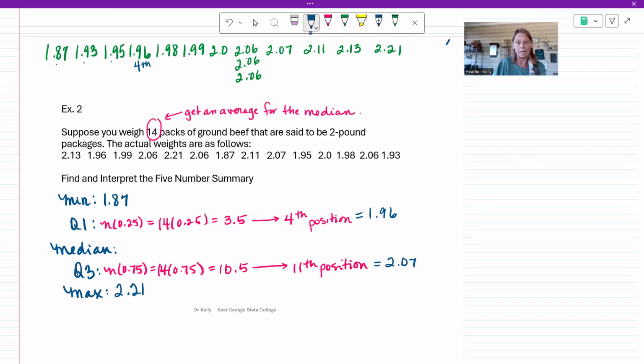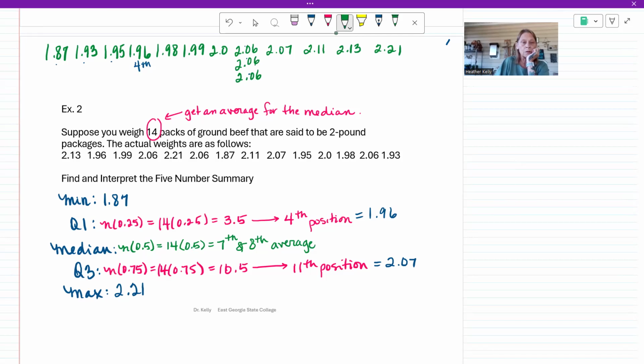And then let's take care, excuse me, of the median. I'm going to do it in a different color because it's a little bit of a pain in the behind, because this is an even number, and if it's an even number, we have to take the average of the middle position and its next value. So if we take 14 times 0.5, that's going to equal 7. So we need the 7th and 8th average.